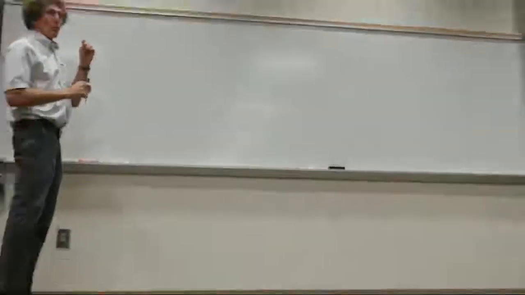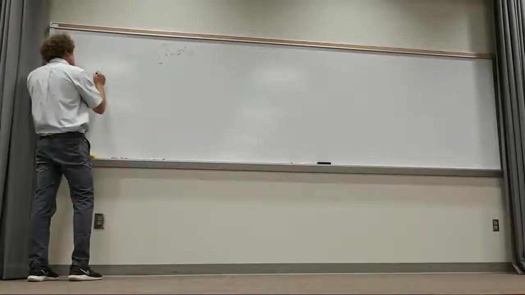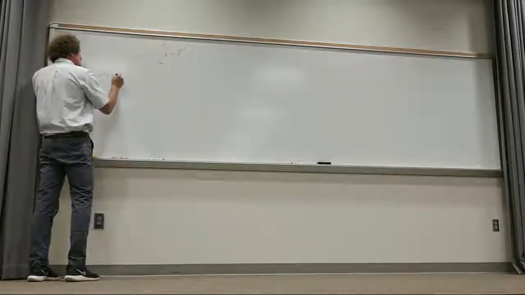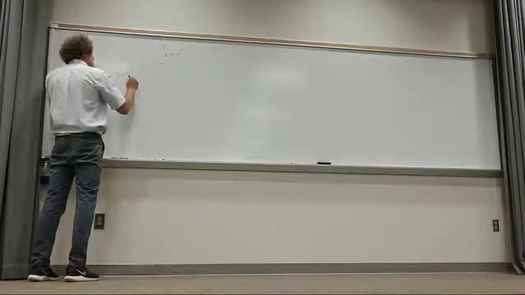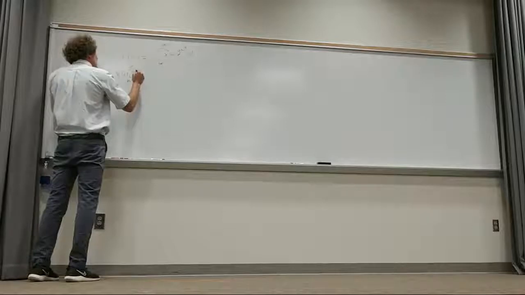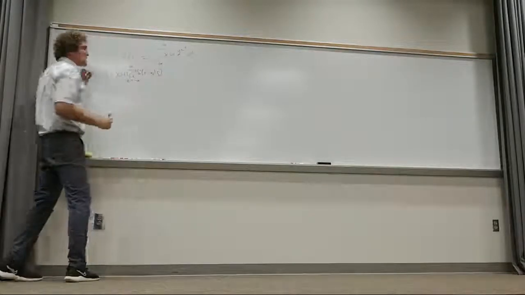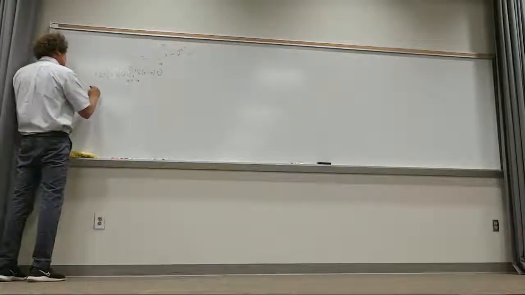Now, when I said we're dealing with sampled signals, one way of indicating a sampled signal is just to say it's equal to x of t times the summation of delta of t minus n Ts, where Ts is the sampling interval.